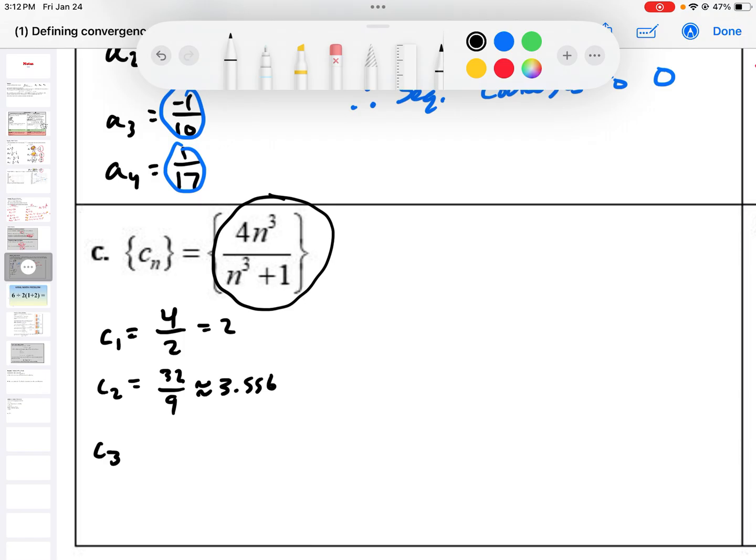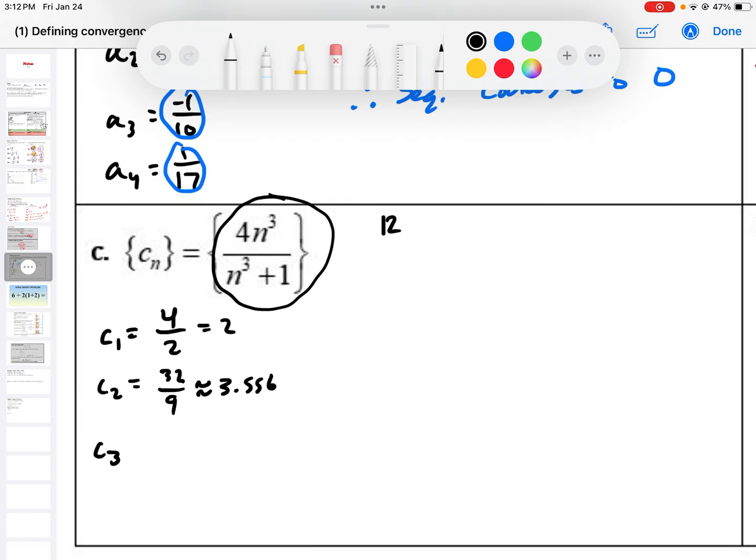C of, okay, what's this limit? Before we go any further, the limit as n goes to infinity looks like just 4 over 1, right? If I plug in infinity, it's infinity over another infinity, but the infinities on top are 4 times as big as the infinities on bottom.